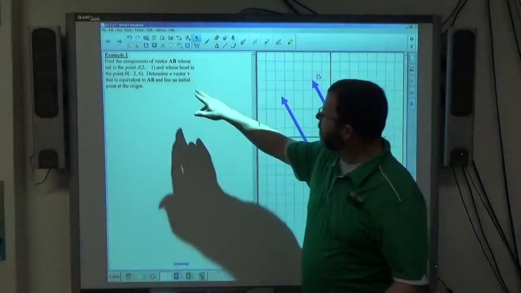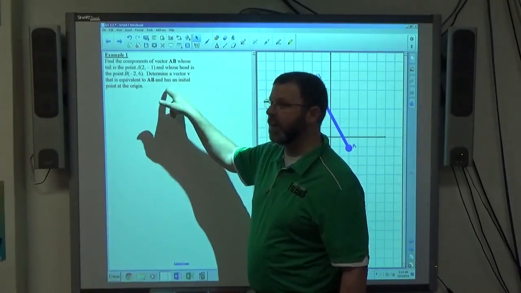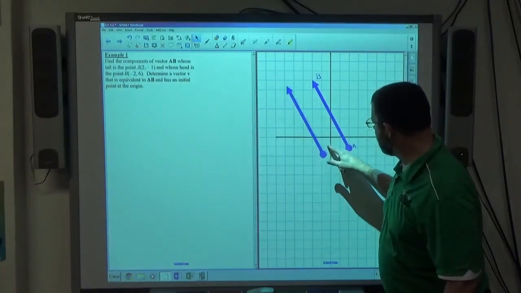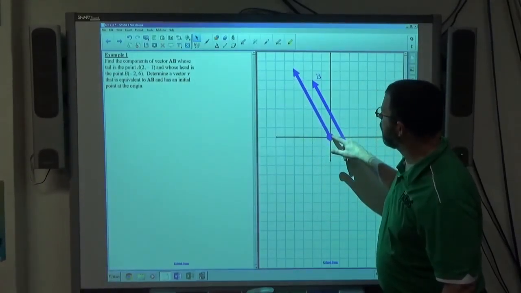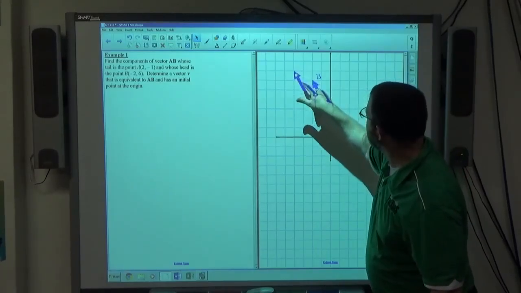So what they ask us to do here is determine a vector V that's equivalent to AB and has an initial point, in other words the tail, at the origin. So if you position the vector so its tail's at the origin, we want to determine where it's going to. Let me shrink that up a little bit.